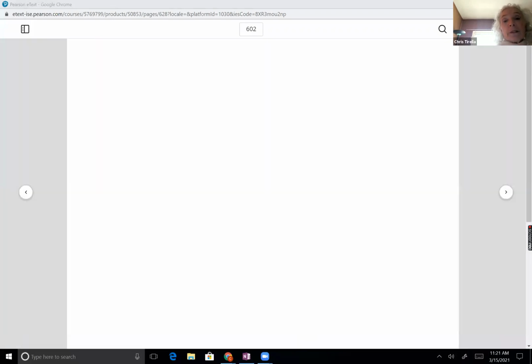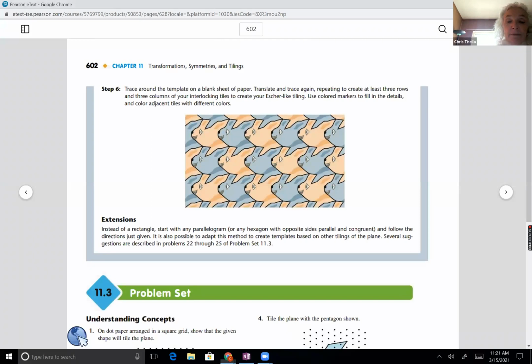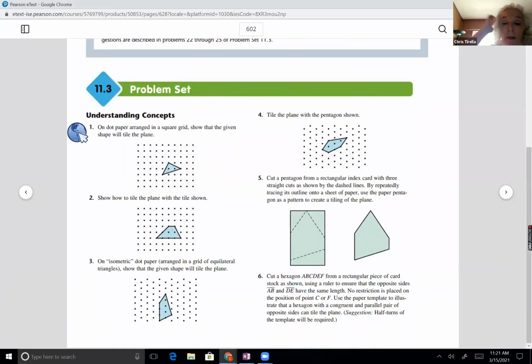If the book takes me there. Number 6 asks you to cut a hexagon from a rectangular piece of cardboard stock as shown, using a ruler to ensure that the opposite sides A, B, and D, E have the same length.